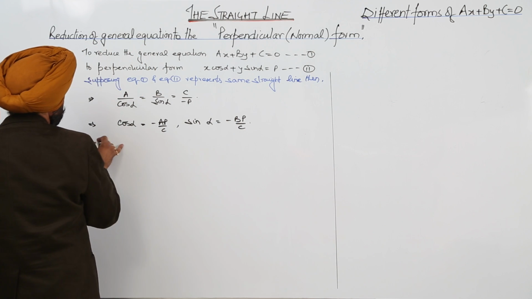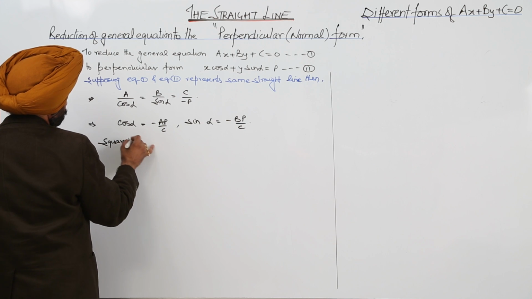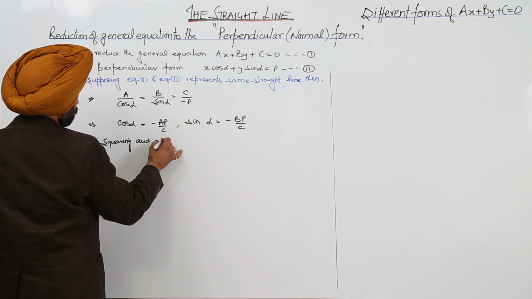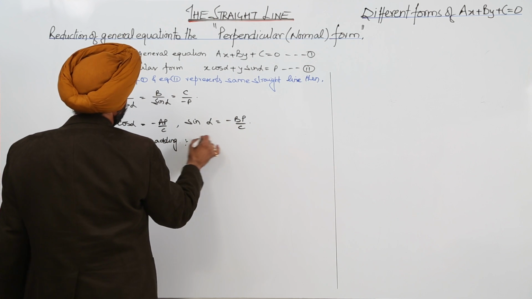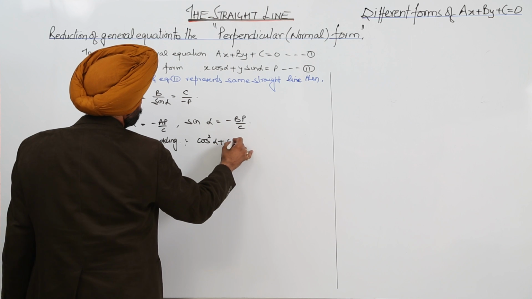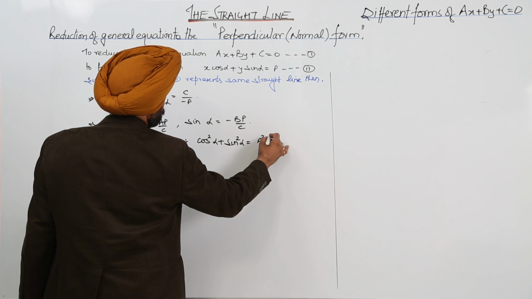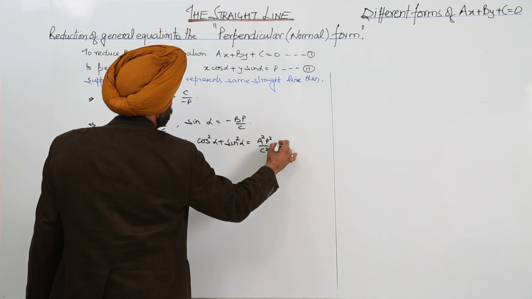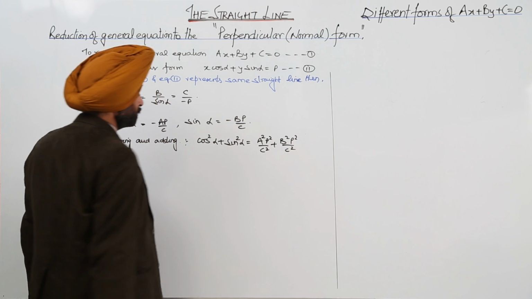Now squaring and adding, what we are having? Cos square alpha plus sin square alpha is equal to a square p square upon c square plus b square p square upon c square.